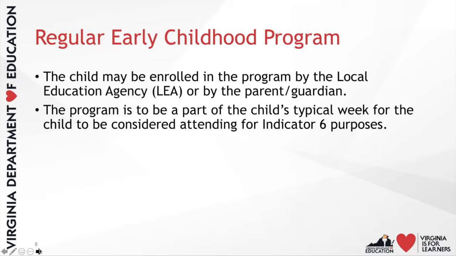Additionally, the program is to be a part of the child's typical week, for the child to be considered a participant in the regular early childhood environment for Indicator 6 purposes. A typical week is what the child does consistently and across weeks during the school year. This does not include weekend time. I will further define a typical week later in this webinar.